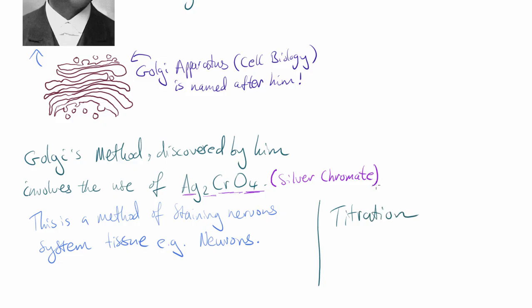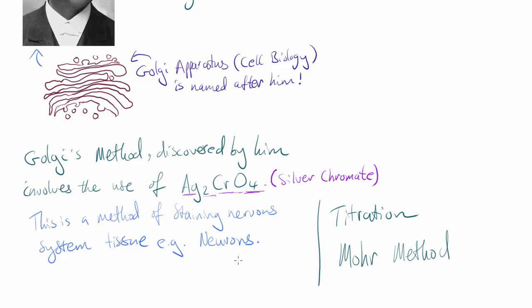Not all titration, but there's a specific method within titration called the Mohr method. So that's M-O-H-R, Mohr method. I'm not going to go into details about this method, but I would encourage you, if you feel like doing so, take a look at what the Mohr method is about, what it's for, and how it perhaps relates to silver chromate and silver ions as well, and titration.